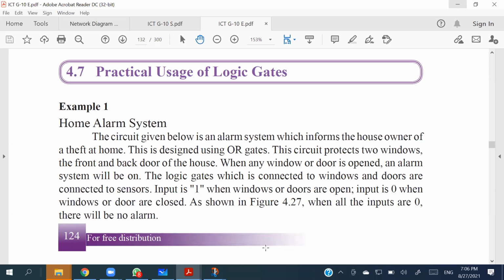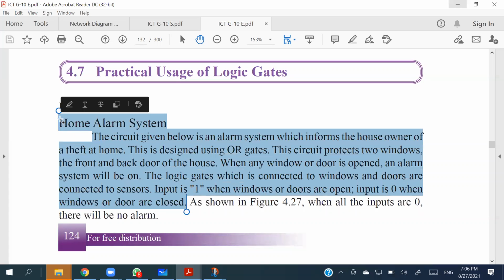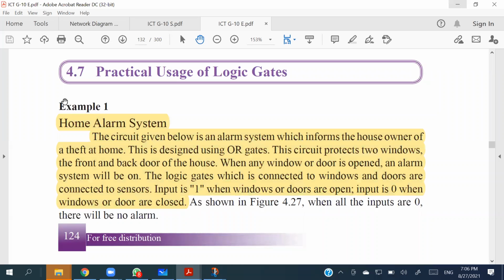I want you to read this particular scenario up to this particular point, right? So read it slowly. Just read it.